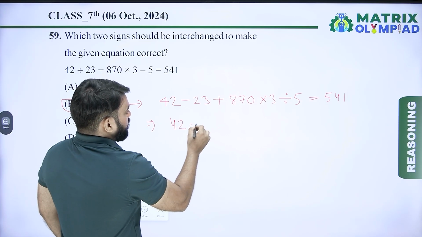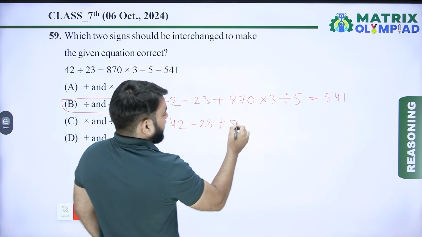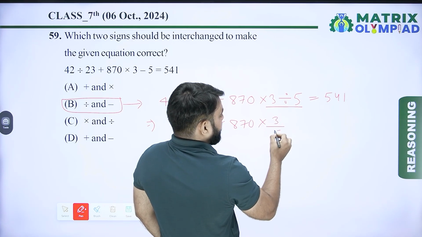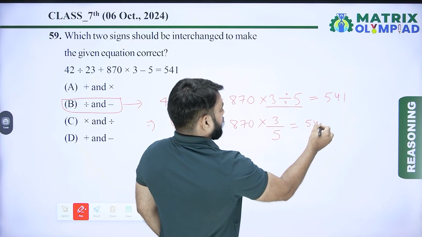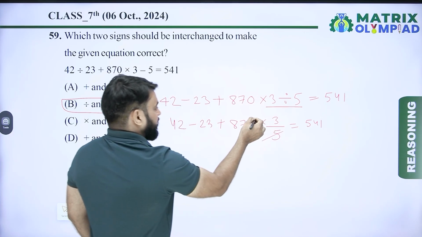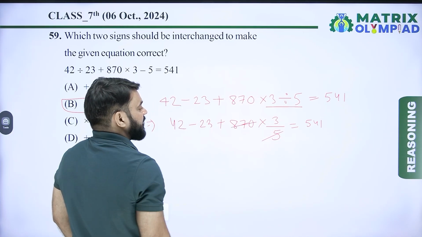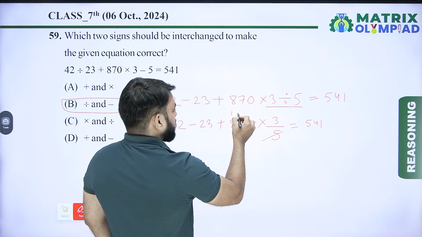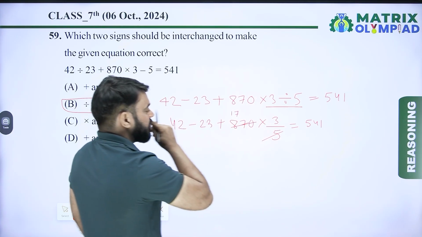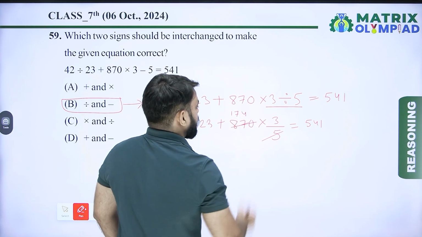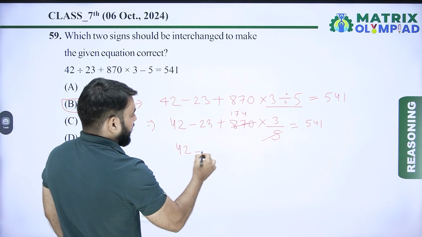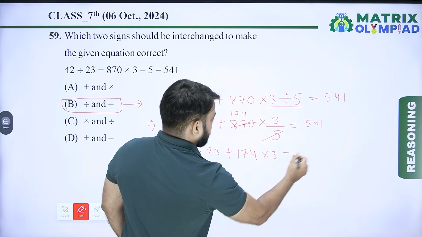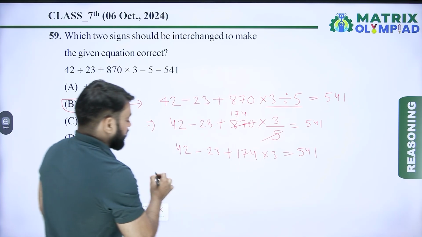So 42 minus 23 plus 870 multiply by, divide the numbers, 3 divided by 5 is equals to 541. 870 divided by 5, it means 174. 42 minus 23 plus 174 into 3 is equals to 541.